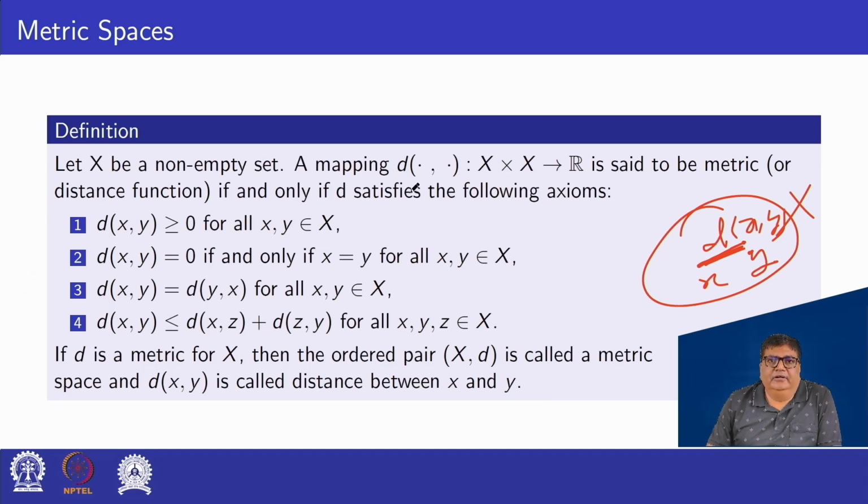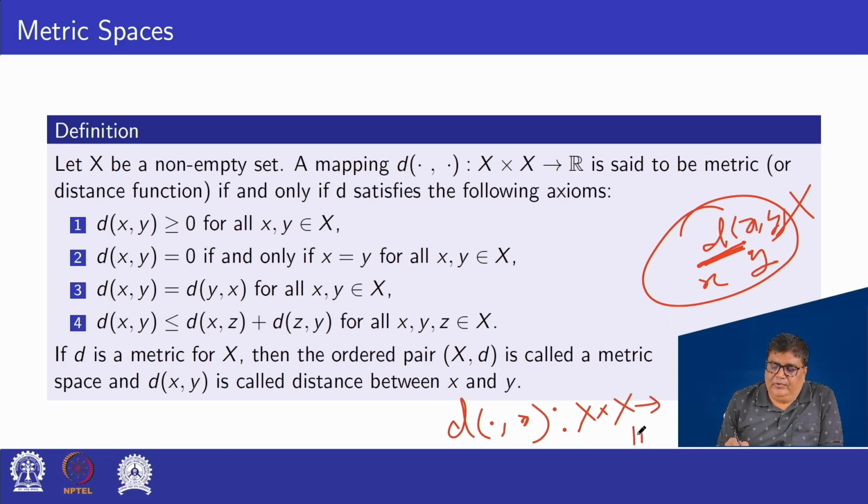Some authors write these conditions with d such that X cross X to R0 plus, that is, from zero to infinity.